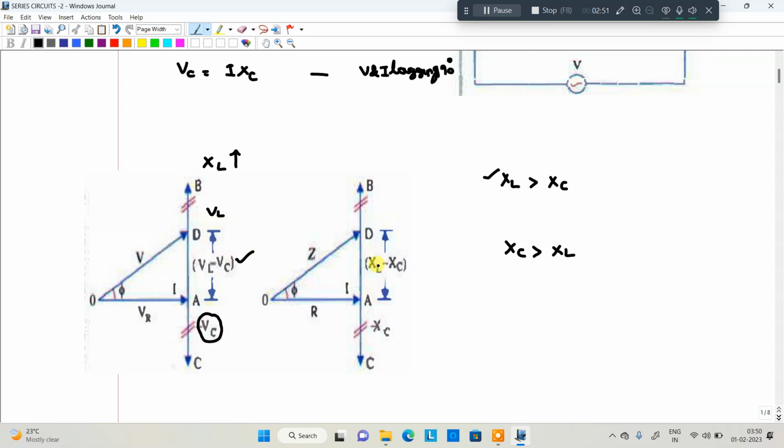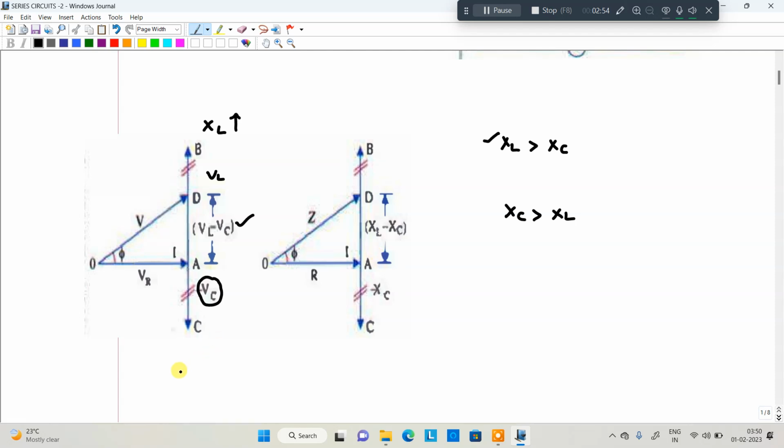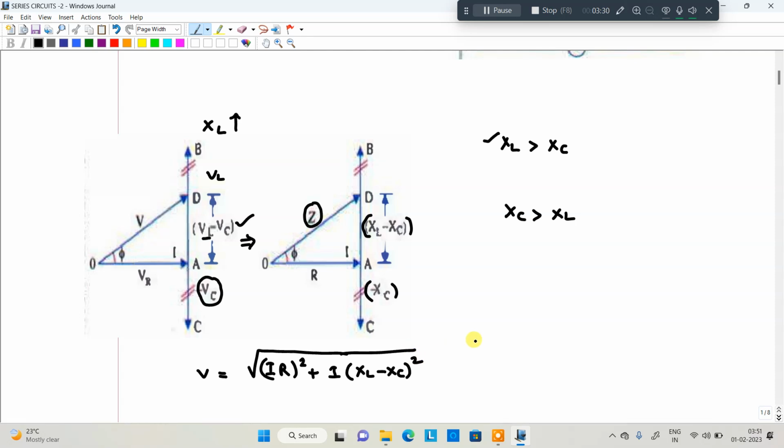Now for the phasor sum we can apply Pythagoras. I will directly write the equation. V is equal to square root of... this particular diagram is converted into an impedance diagram: Z, and then XL minus XC, and this is R. I is common for everything, so we can take V equal to square root of (I into R) square plus (I into (XL minus XC)) square. Here the XL value is greater than XC.